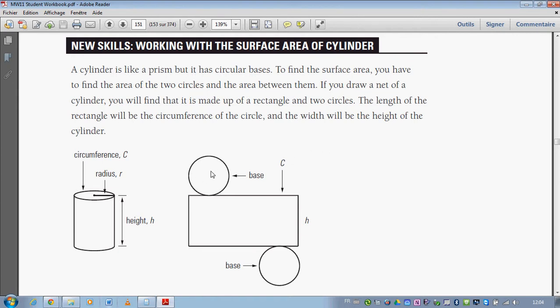You add the area of these two circles together, then figure out the circumference of one of the circles, understanding that it corresponds to the width of the rectangle. The width of the rectangle is equal to the circumference of the circle. Once you've figured out the width of this rectangle, you multiply it by its height to figure out the area of that rectangle.